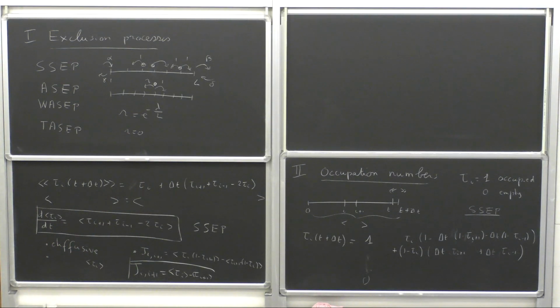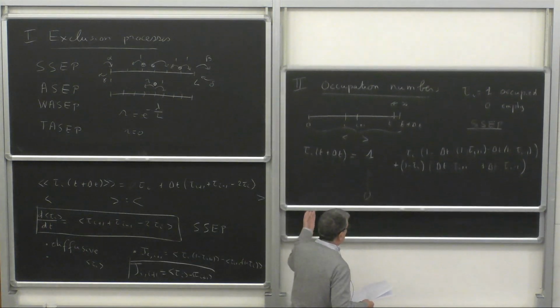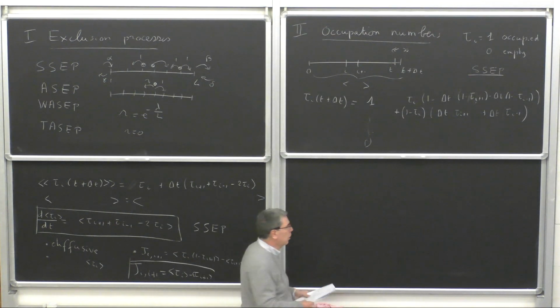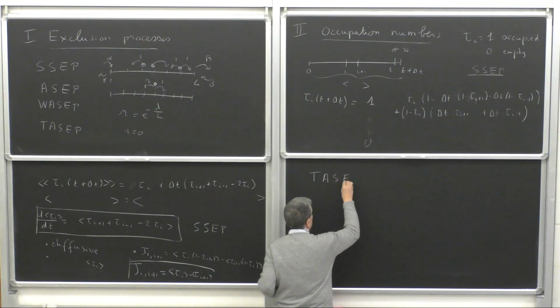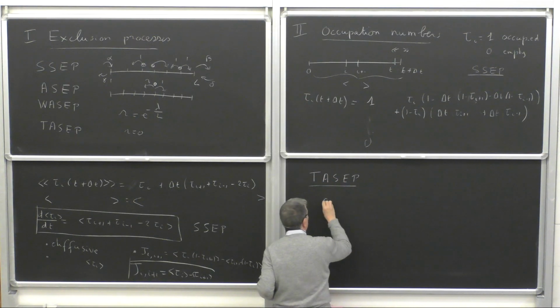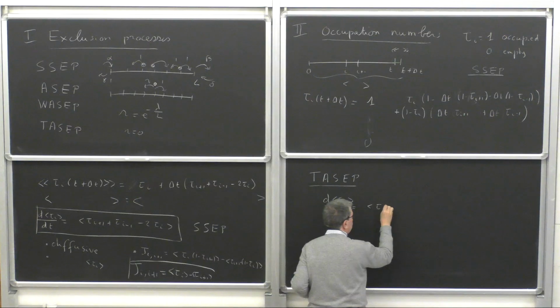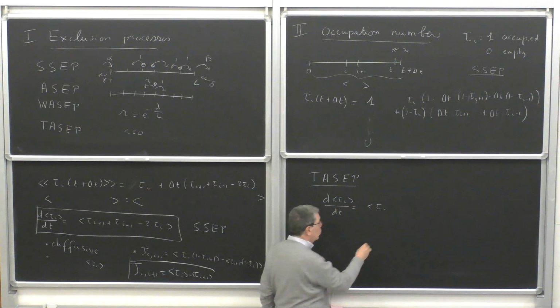Now, the same calculation you can try to do for the TASEP, and we will see that. So I'm not going to redo it. You can think of it as an exercise. TASEP, then you would find that d tau i over dt is equal to, TASEP is just, they can jump from only to the right.